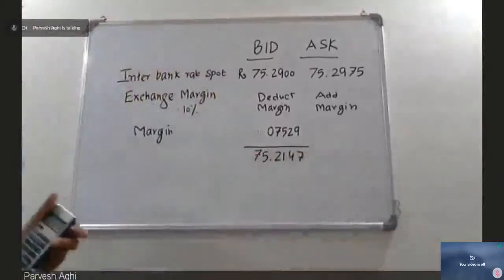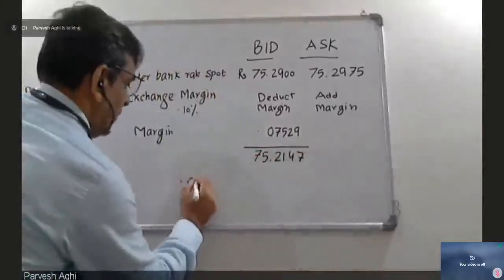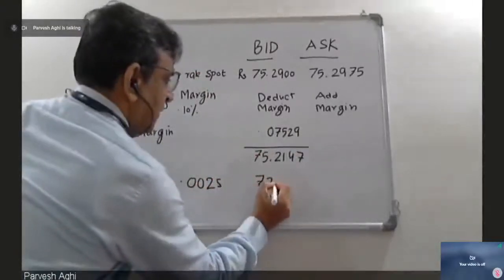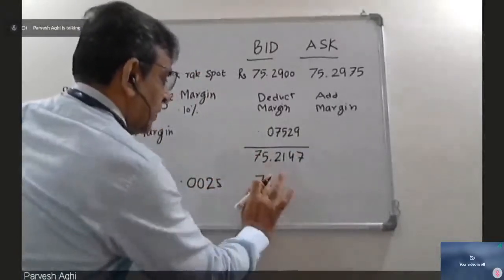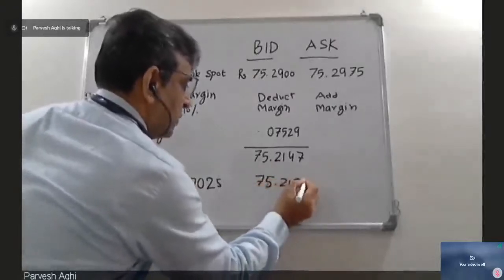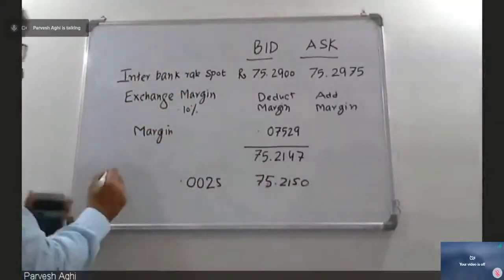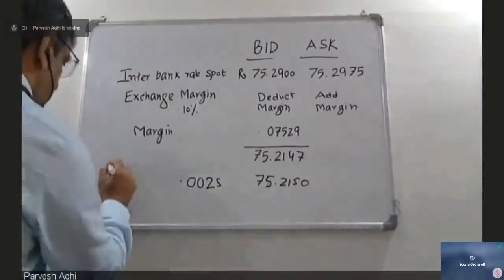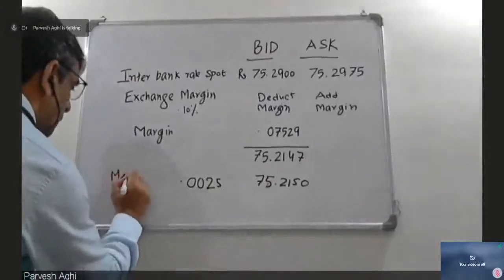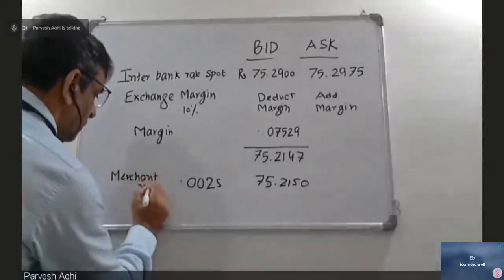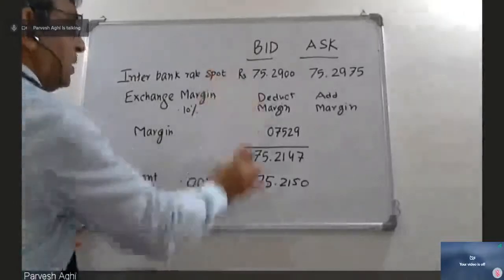Now this should be rounded off in multiples of 0.0025, so I can arrive at 75.2150. So this becomes your merchant rate. This is just the bid part of it.